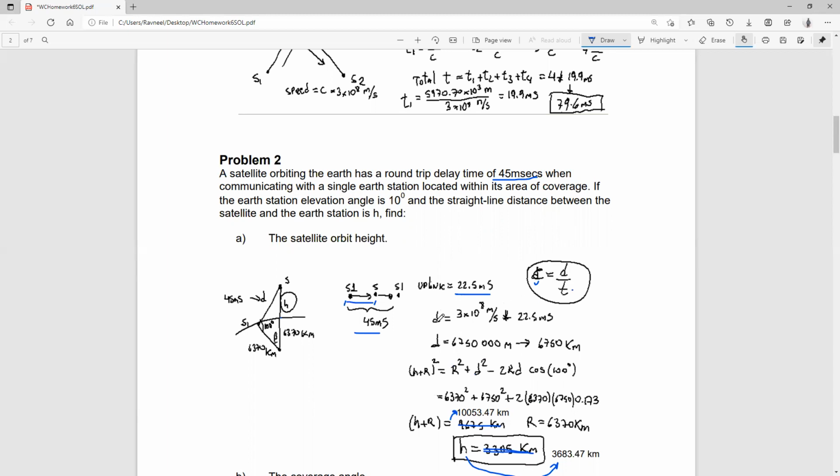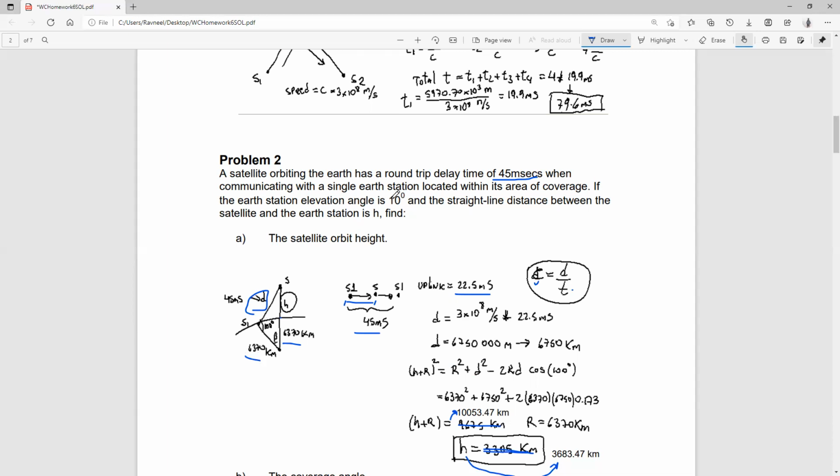So d is equal to 3 times 10 to the power of 8 meters per second, the speed of light, times this time, 22.5 milliseconds. So our distance is basically equal to 6,750 kilometers, right? So we know this particular d, and we know this r value, that is 6,370.